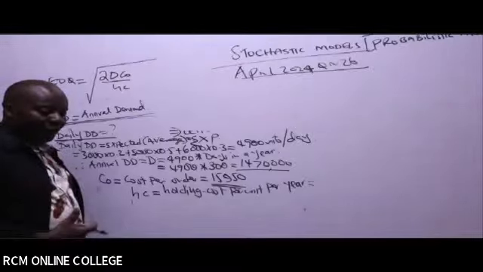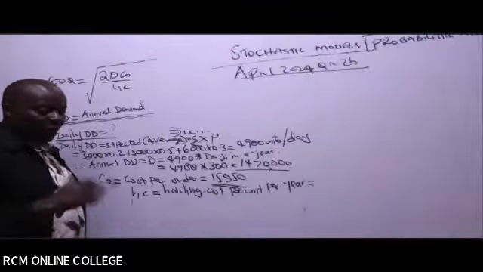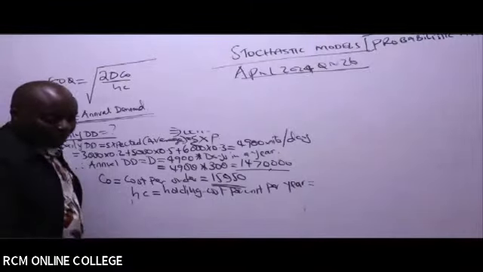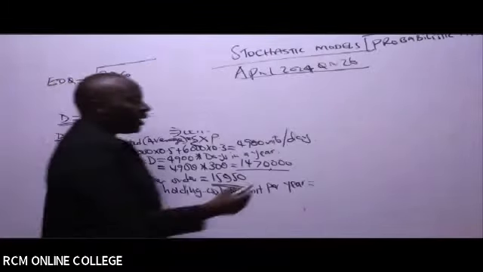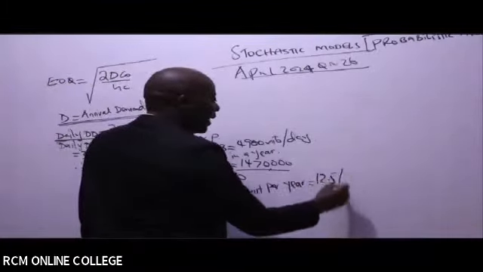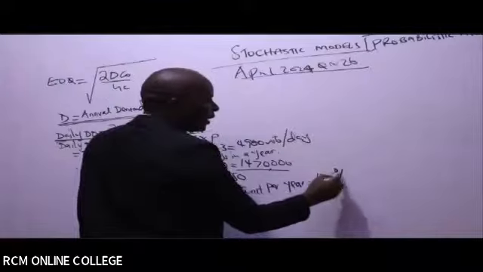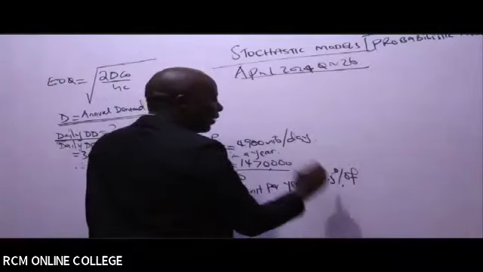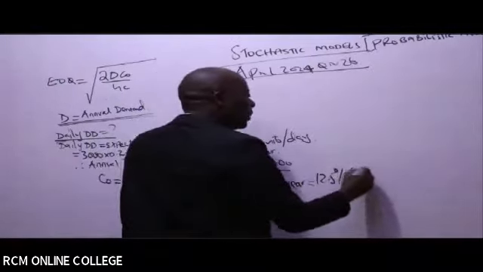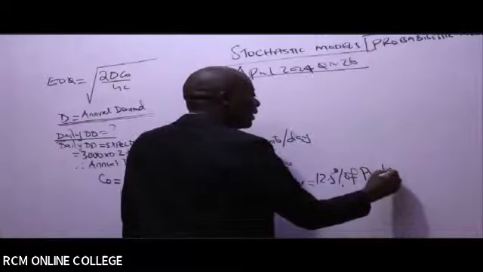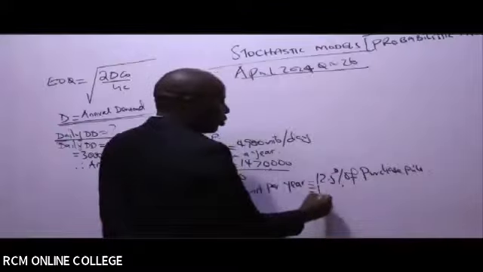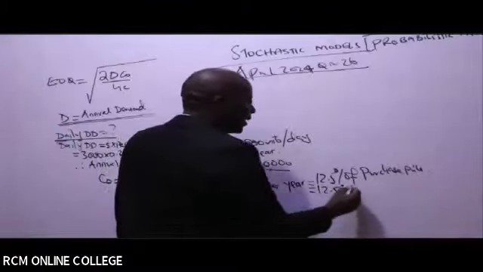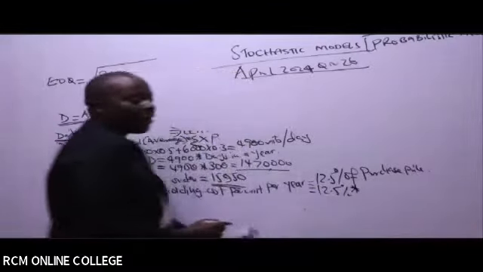They gave it to us in form of a percentage. Whenever they provide this in form of a percentage, we shall always do a abracadabra. Yes, Mary. Great. It is 12.5%. Whenever it is given like this, it has to be given as a percentage of purchase price per unit. So it will be 12.5%. The purchase price per unit has been given.